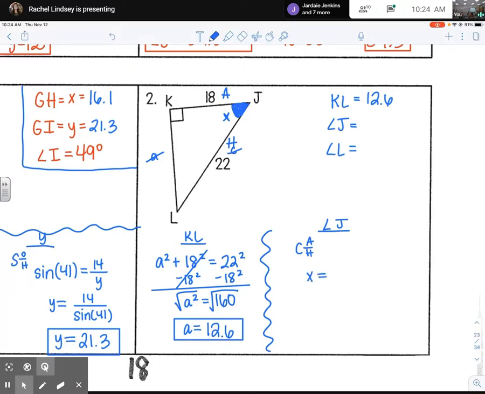To find that angle, I do cosine inverse of adjacent over hypotenuse, so cosine inverse of 18 over 22. What do you get? 35.1 degrees.